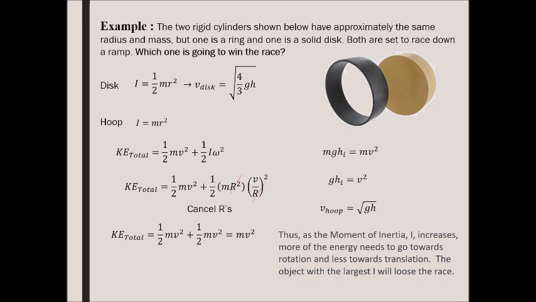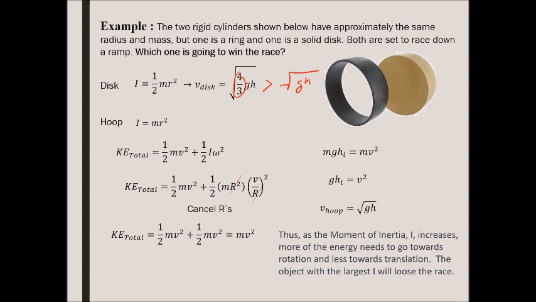The velocity of the disk is the square root of 4/3 gh, and we want to compare that to the square root of gh. This number is bigger than 1, so this number is bigger, and that means the velocity of the solid disk will always be more than the hoop, and that means it will win the race because it is translating faster than the hoop.